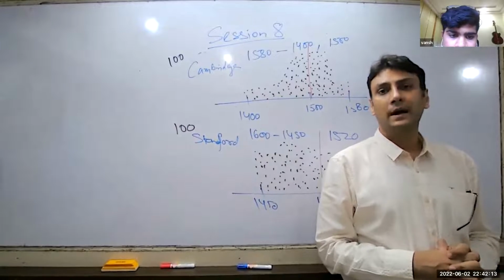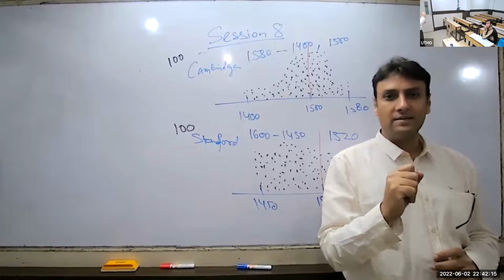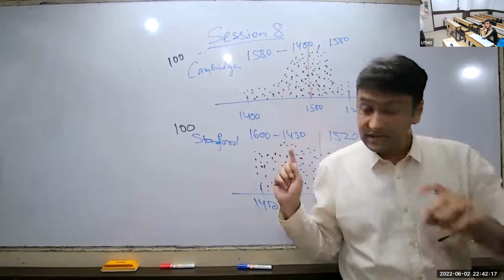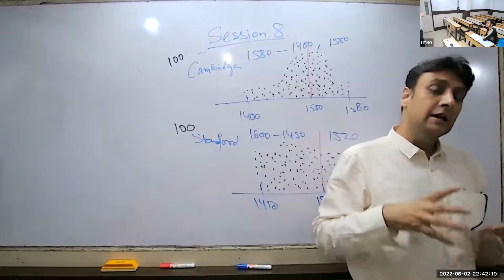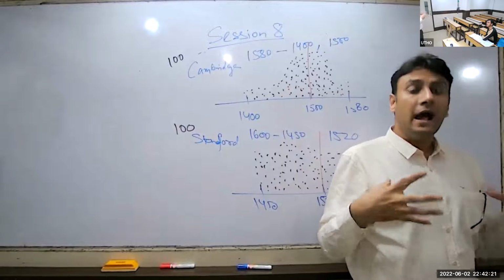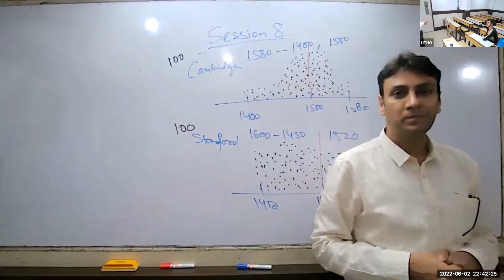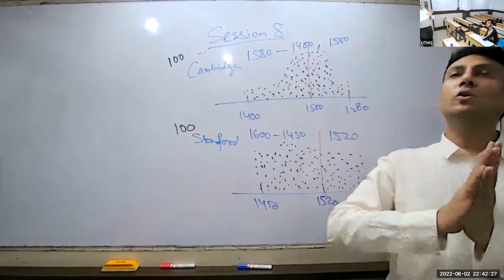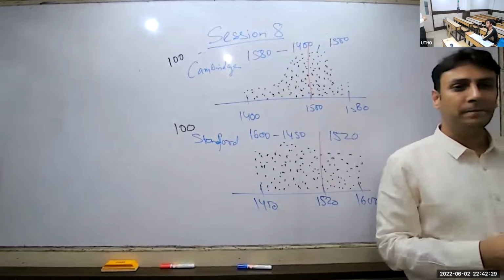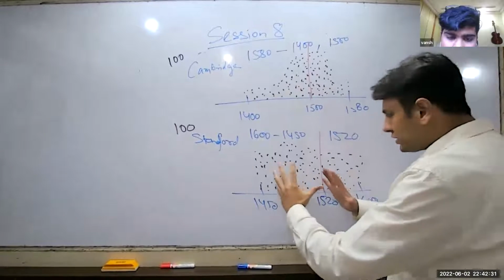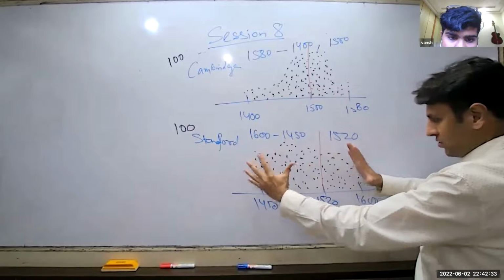Stanford. I'm asking again. दिए हुए दो डेटा सेट कैम्ब्रिज और स्टैनफोर्ड में, which data set has more data spread across the mean? मीन के अक्रॉस कौन सा डेटा ज्यादा स्प्रेड है? Stanford, because there are some good amount of data. ये relative है.